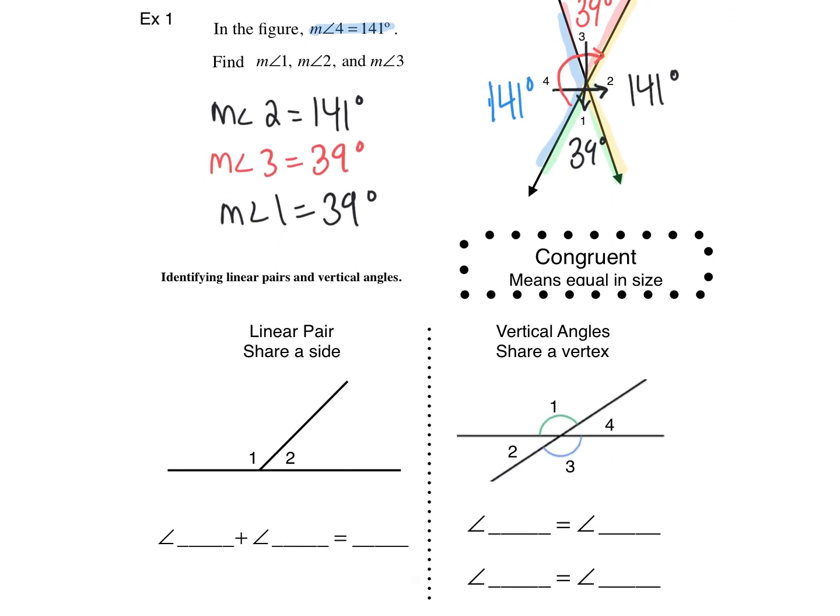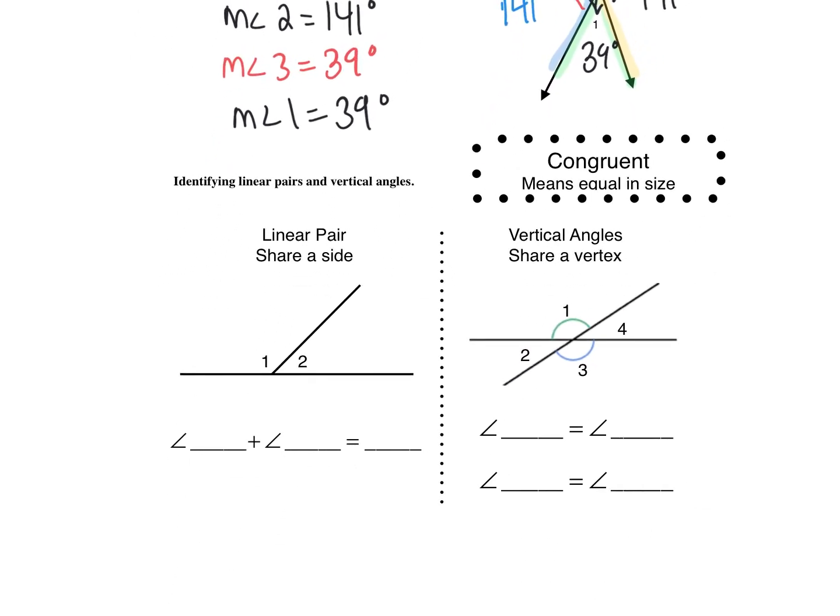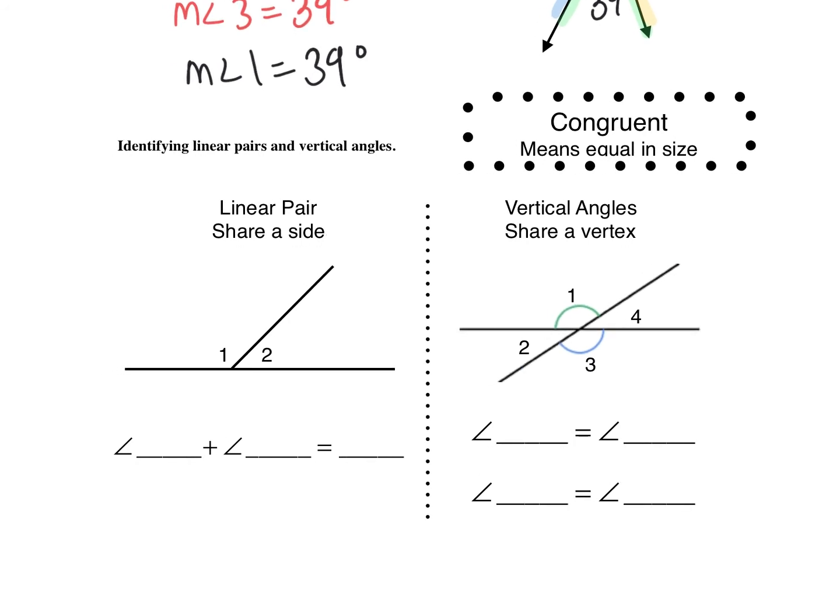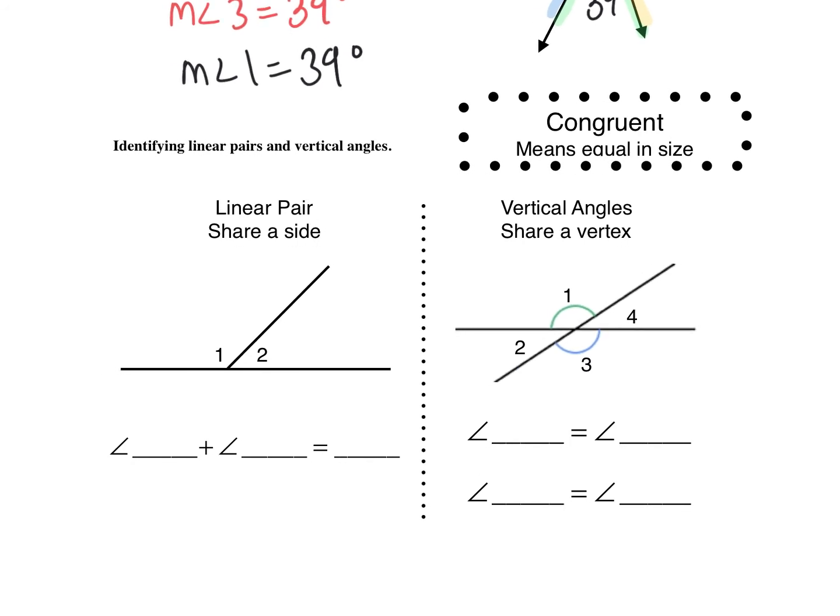So then they're going to ask you in ALEKS to identify linear pairs and vertical angles. So remember, a linear pair is the same thing as a supplementary angle, and what they do is they share a side, okay?